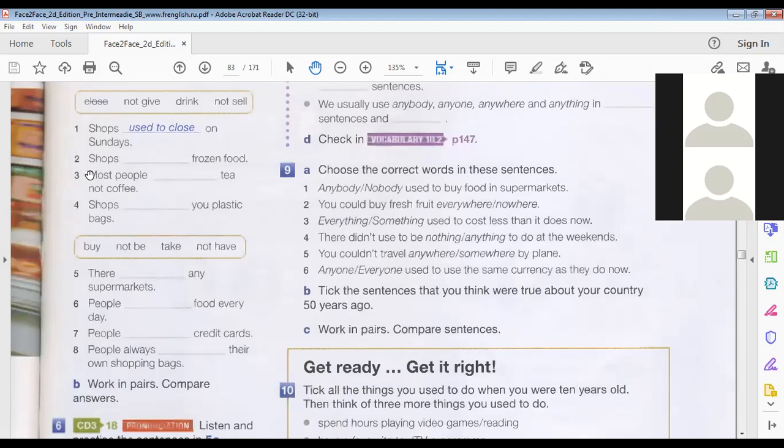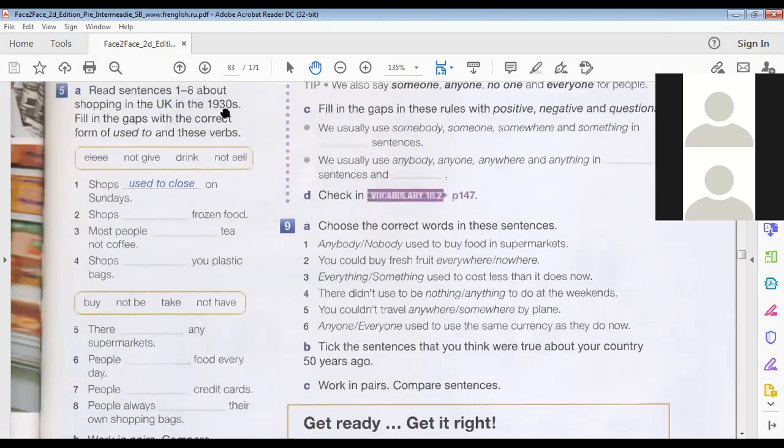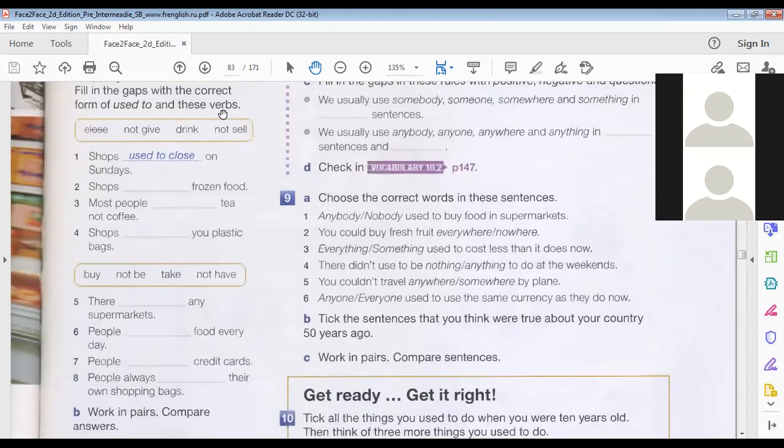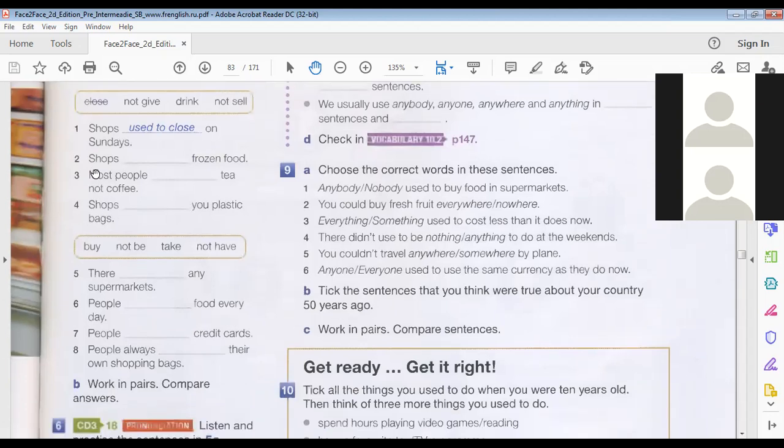So number 2, shops didn't used to sell frozen food in the past. Of course, here it's all about the 1930s, so this is almost 90 years ago. Shops didn't used to sell frozen food. Most people used to drink tea, not coffee. Shops didn't used to give you plastic bags.